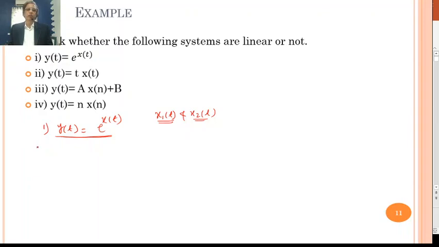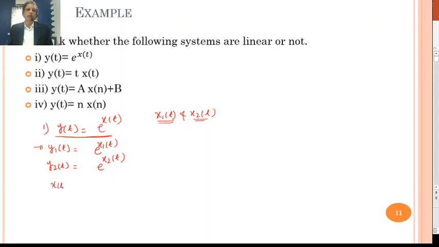Means due to the first signal, the response y1t is e raised to x1t. Due to the second signal, y2t equal to e raised to x2t. Now combine these two signals.